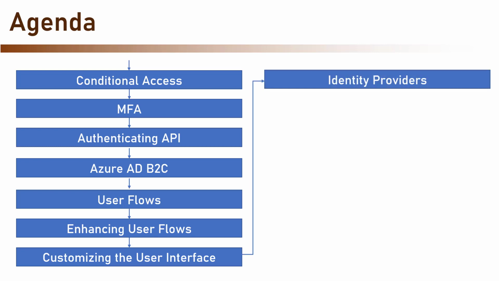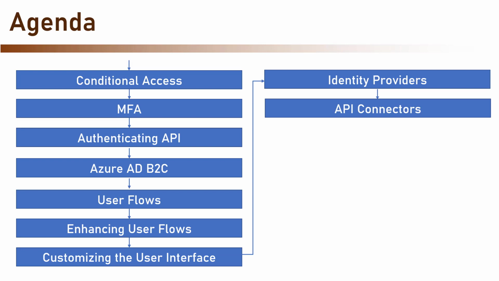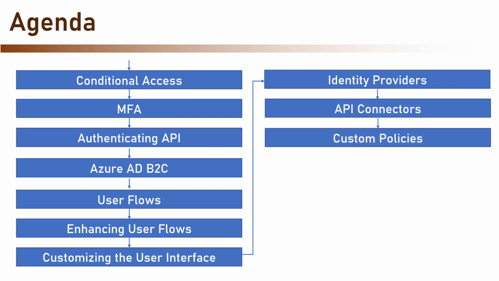Then we are going to learn about identity providers and how to integrate social providers such as Facebook and Google to our authentication. And next we are going to implement API connectors, allowing customizing the behavior and logic of the authentication process. After that, we will discuss custom policies, which allow absolute flexibility in the authentication flow.